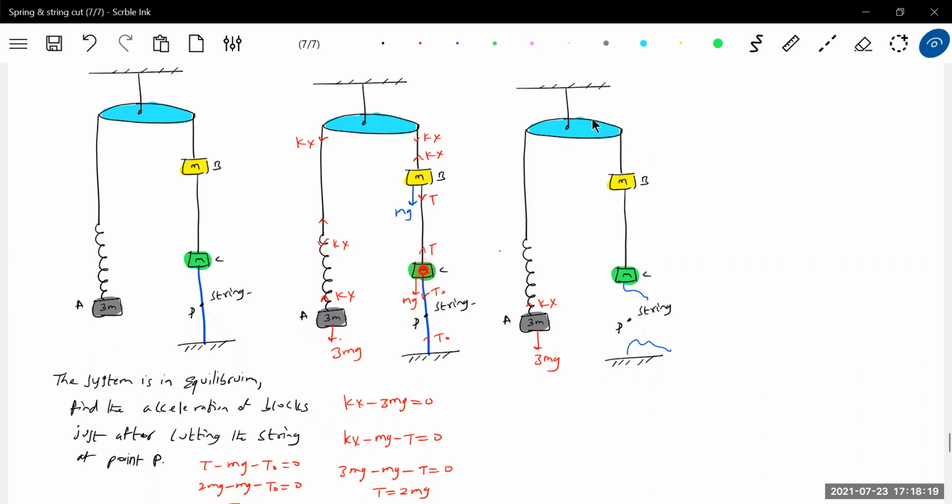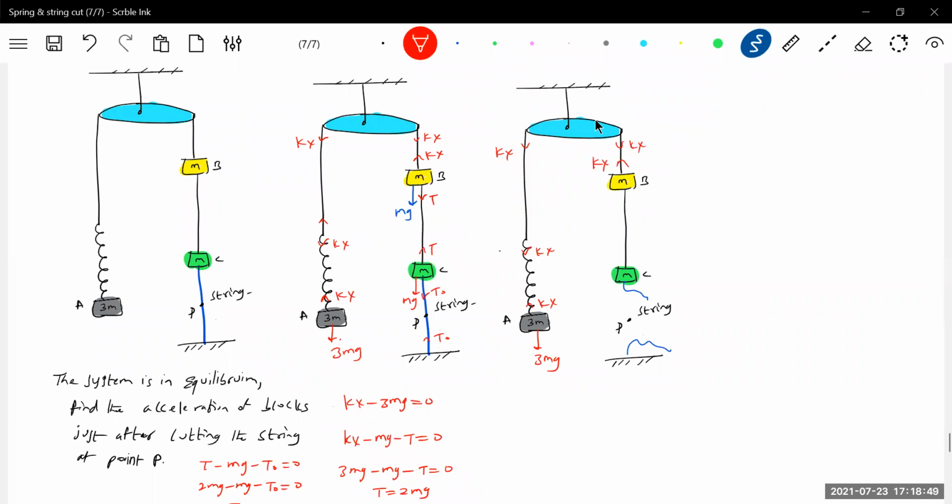But sir, block C is connected. See, first what will happen? The block C should accelerate, due to acceleration from rest, it should get into inertia of motion. Then after some time, B and C will undergo displacement. Then this end of the spring will have displacement. But we are discussing just after cutting. So there is no change in spring force. So the kx will remain as it is. Here also I'll bring kx.